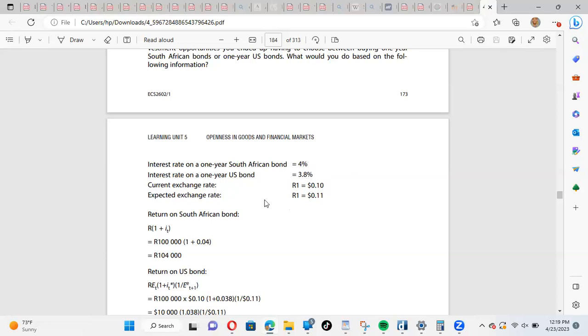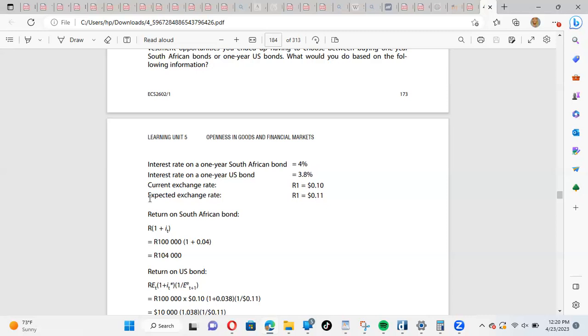But now when we factor in the issue of exchange rates, we want to see the expected exchange rate in the future, right? What you want to consider here is whether the South African rand is going to depreciate or appreciate.